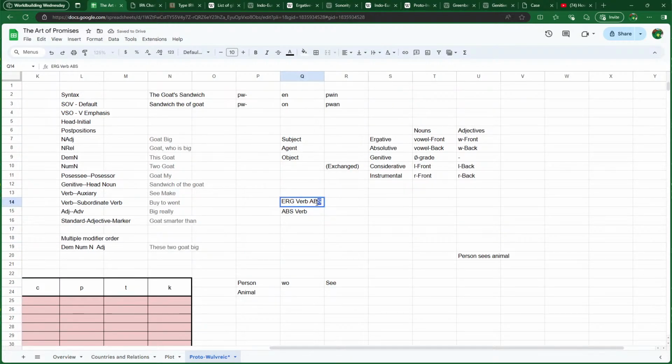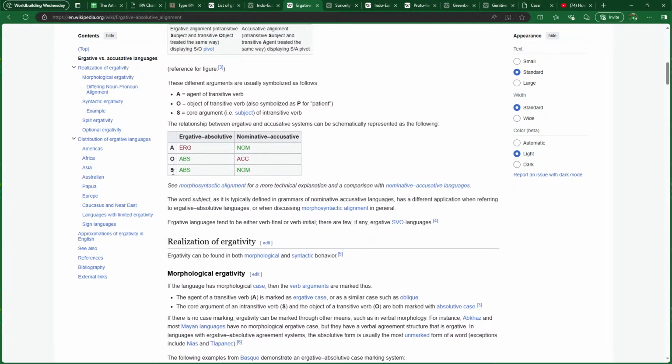Wait, no, this would be ergative. Right? No, because the subject, right, object and subject are treated as the same. It's only the agent that's different.